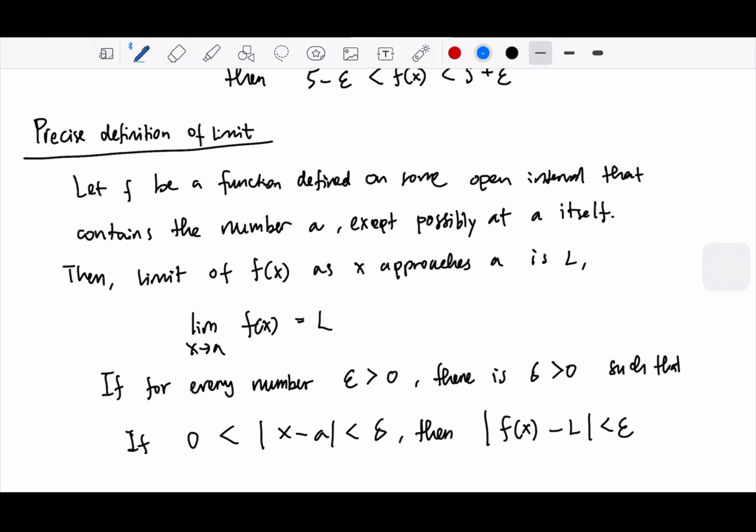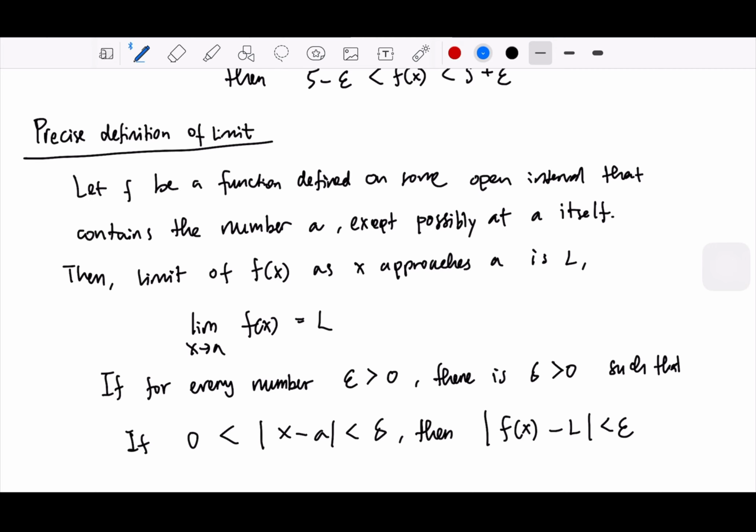Delta is the closeness of x to a. Epsilon is the closeness of the function to the value that we are approximating.